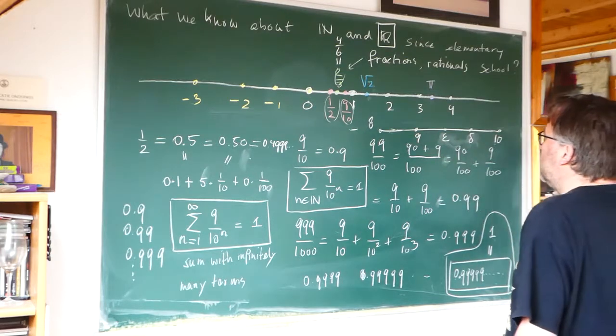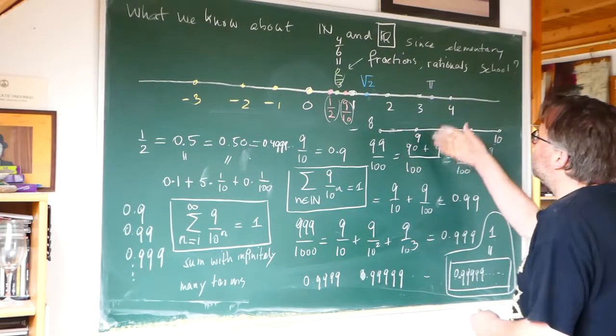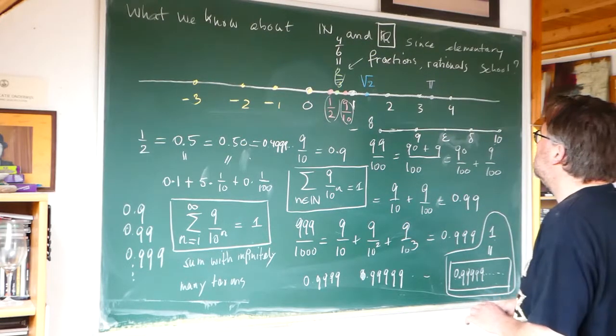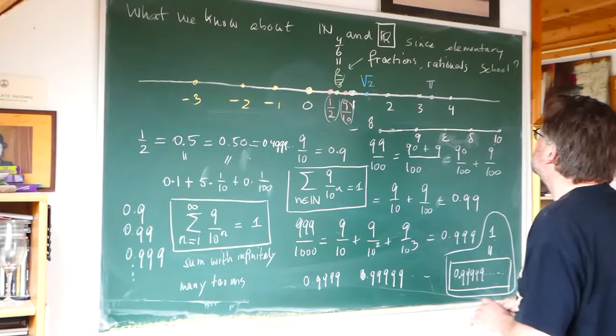Okay, so our number line comes with a choice. Our representations of our natural numbers come from our fingers.